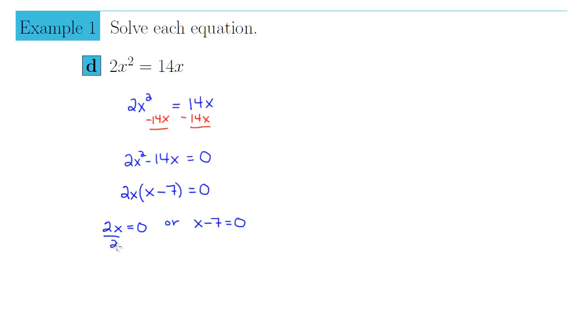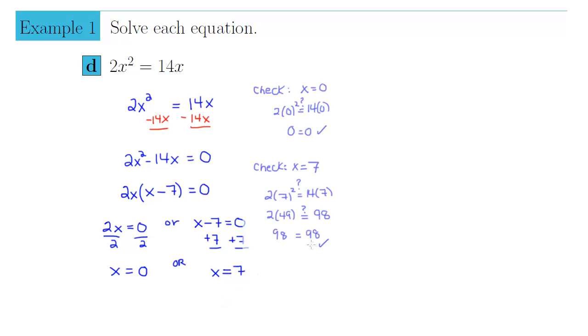Well, let's divide both sides. 2x will equal 0 when x is simply 0 divided by 2, or x is 0. Over here, add 7 to isolate the x. That tells us that x equals 7 is our next solution. So that means our solution set for this equation are the two numbers 0 and 7.